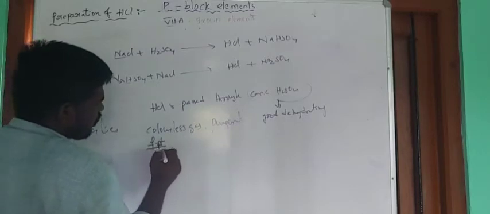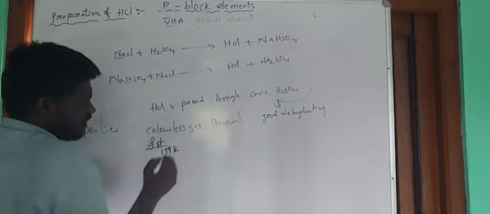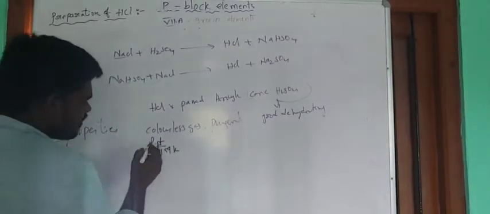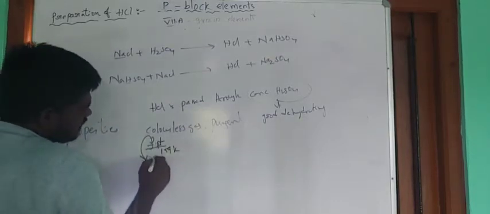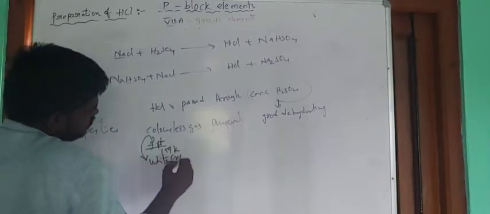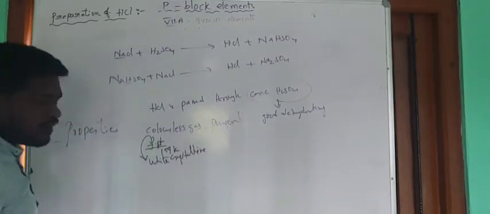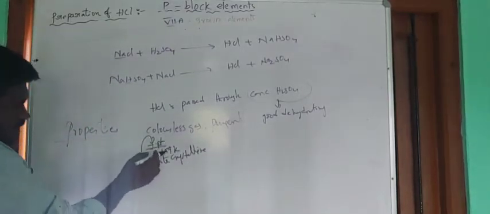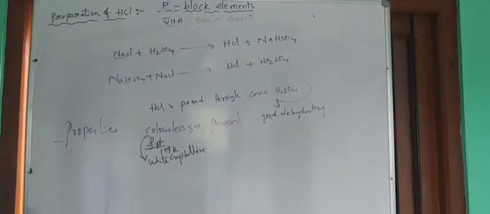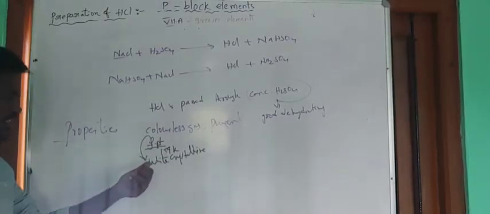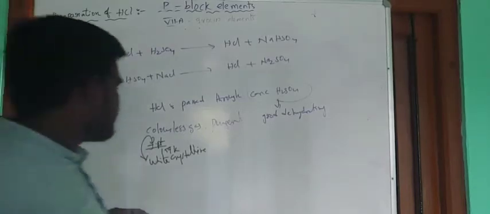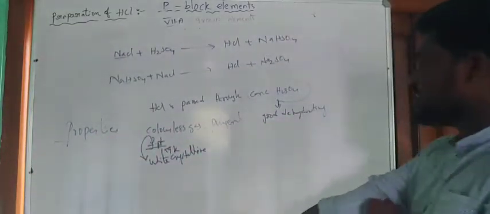Its freezing point is 159 Kelvin, and under this temperature HCl exists as a white crystalline solid. So 159 Kelvin is the freezing point of HCl, and under this temperature HCl exists as a solid crystalline substance, white in color.